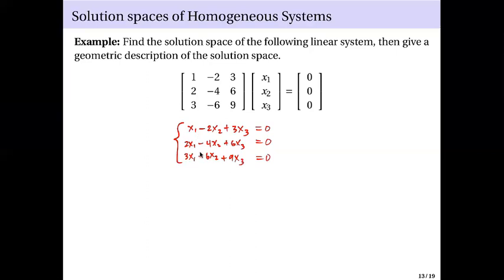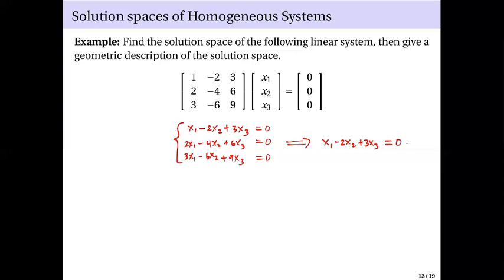But these are all equivalent equations. This will only give us x1 minus 2x2 plus 3x3 equals 0. So what is the solution space?